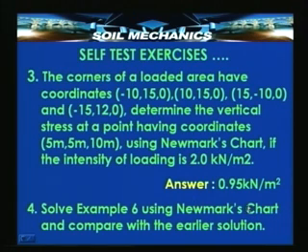Lastly, I would like you to solve example 6, that of the circular area, using Newmark's chart rather than using the formula as we did earlier. You can compare the two in order to understand how much difference is created by using the Newmark's chart.